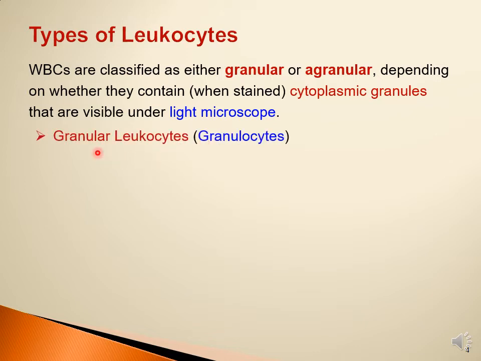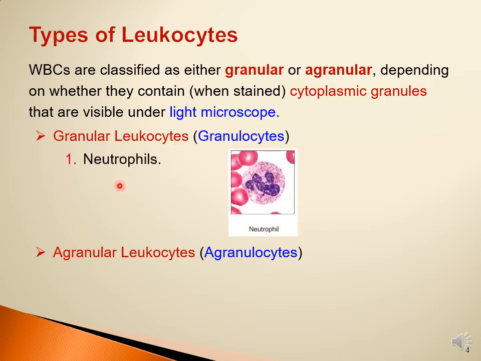So we have the granular leukocytes, also called granulocytes, and we have the agranular leukocytes, also called agranulocytes, cells that lack granules. What are the granular leukocytes? Three of them you should know. Number one, the neutrophils. These are the most common and most abundant type of white blood cells, as well as granulocytes.